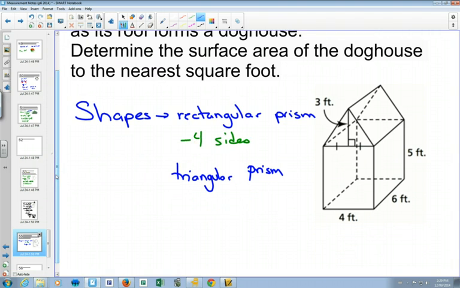So you've got 2 triangles. And what other shapes? And 2 rectangles.